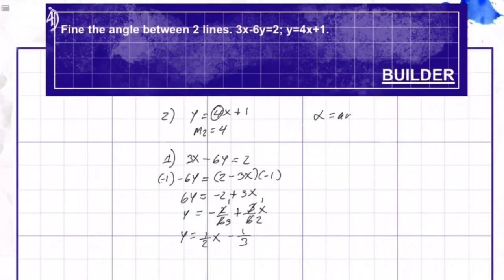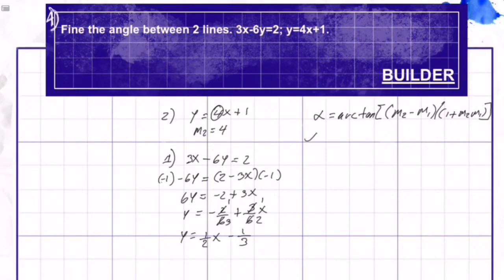We're going to substitute into the formula of the angle between two lines to find the angle. So we have the angle is equal to arctangent, the second slope minus the first slope, divided by 1 plus the second slope multiplied by the first slope.